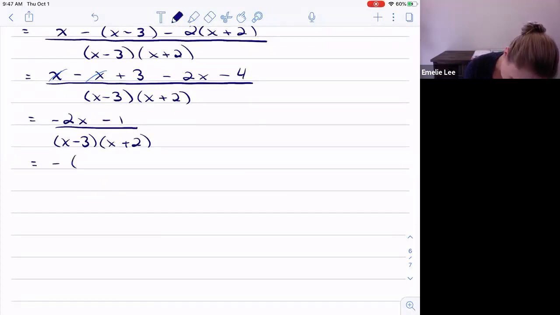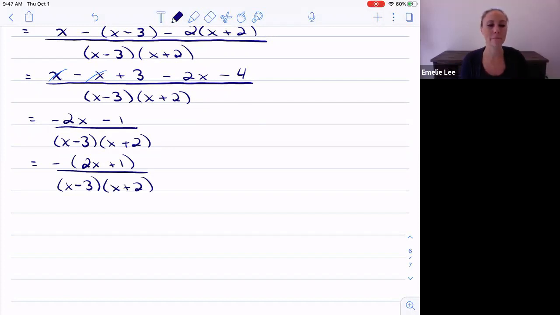Negative (2x plus 1) divided by (x minus 3)(x plus 2). And I'd say that's as far as we can go, right? Again, I'm scanning the numerator to potentially cancel with one of these. If I could pull out a common x minus 3 or a common x plus 2, that would be great, but I can't. So we're done.